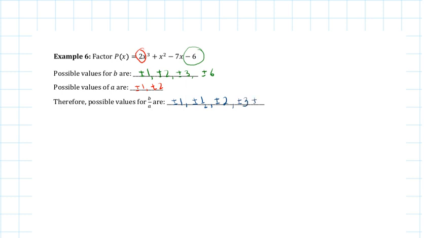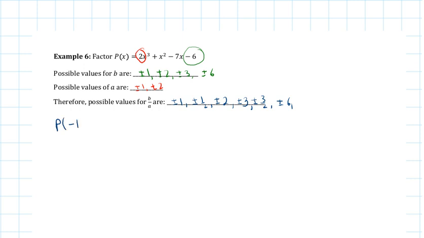And 6 divided by 2 is 3, so I don't have to rewrite that either. You see, there are too many factors here.